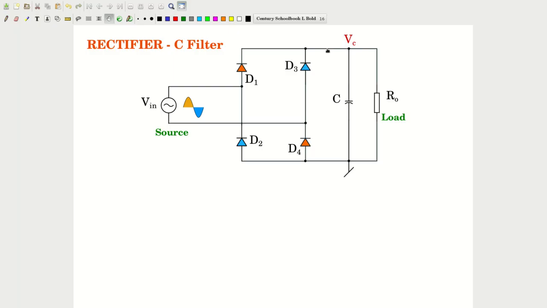Another point of interest is the three currents that flow at this node. This is the current coming out of the rectifier. This is the current that flows into the capacitor, and this is the current that flows into the load.